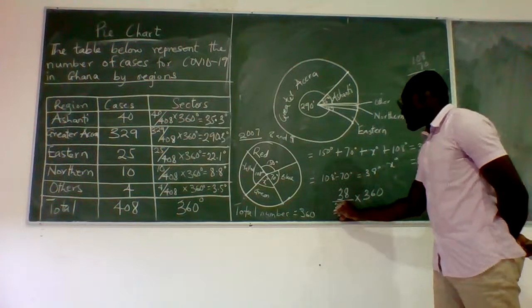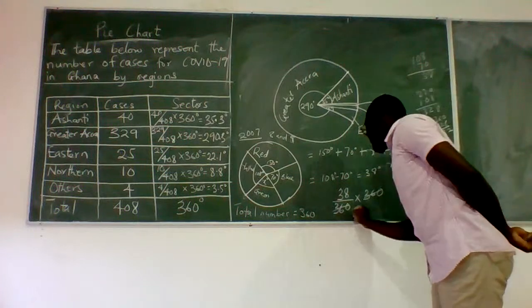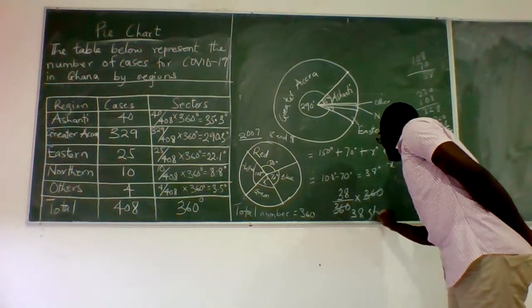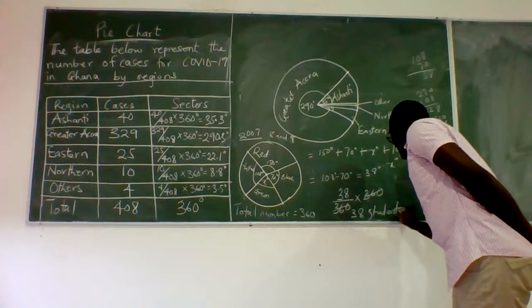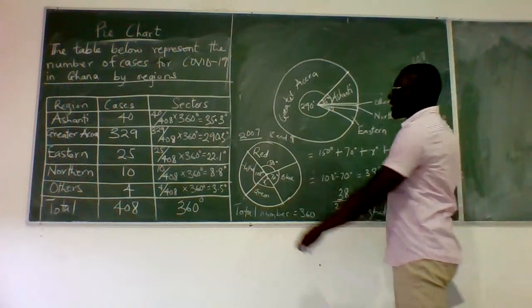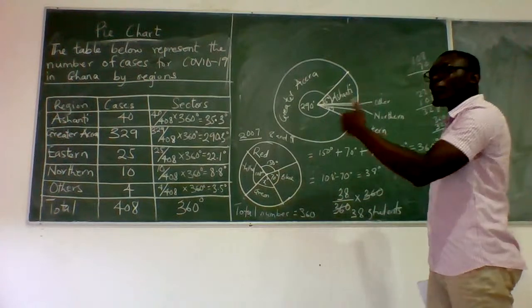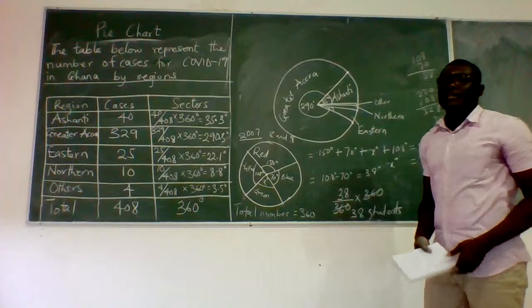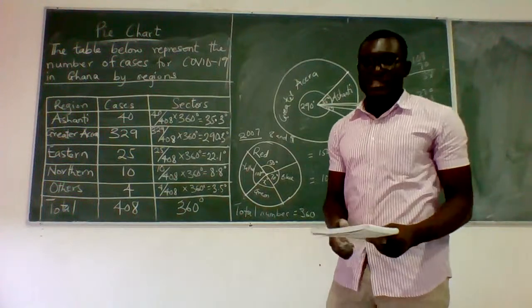So when you cancel it out, we have 38 students. So it means that the yellow house has 38 more students than the blue house. And this brings us to the end of today's lesson.